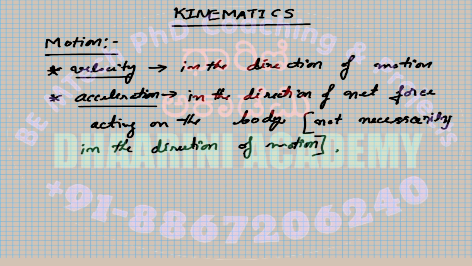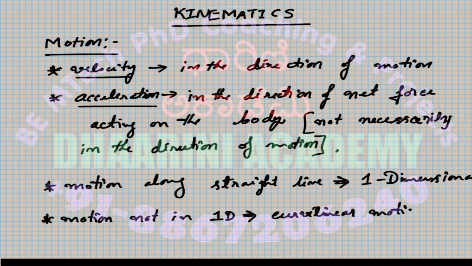If the motion is not in 1D, this is called curvilinear motion. Okay, I think single L. Curvilinear motion. So the example could be two-dimensional, three-dimensional, etc.